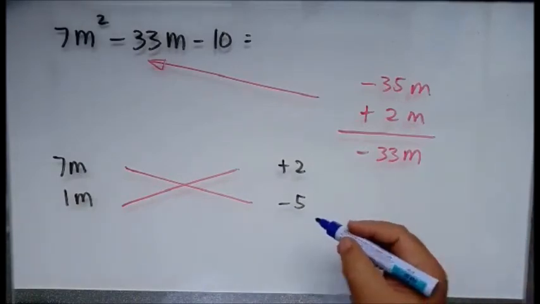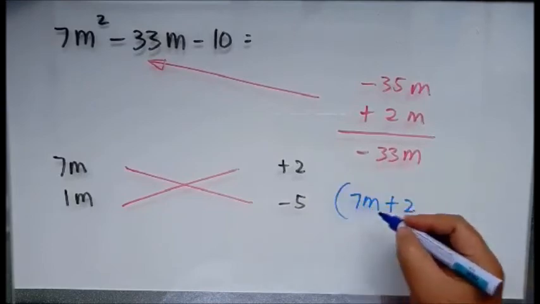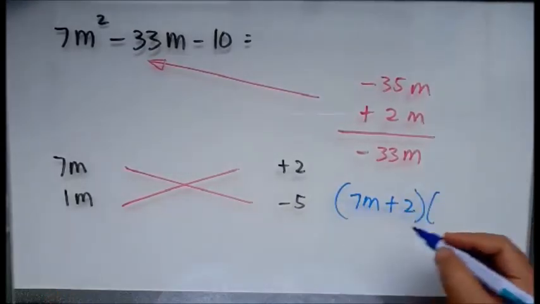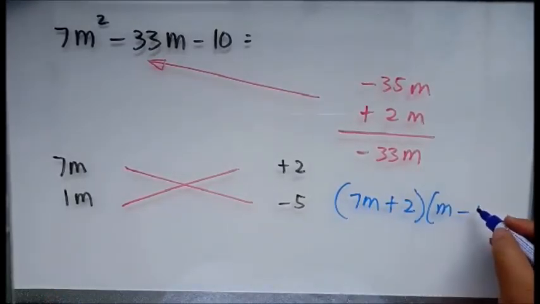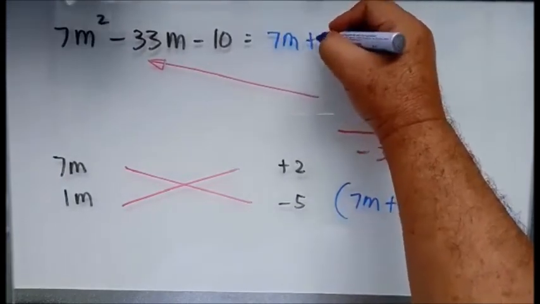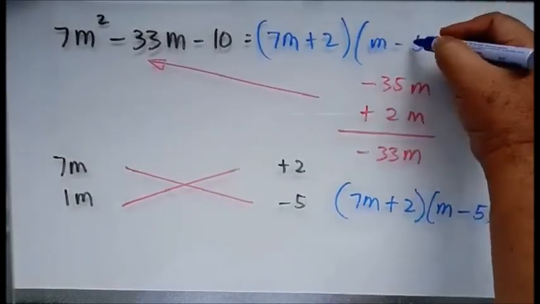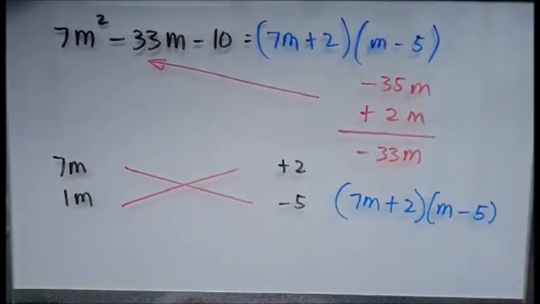The answer will be 7m plus 2 times m minus 5. So 7m plus 2 times m minus 5. Okay, so this will be our final answer.